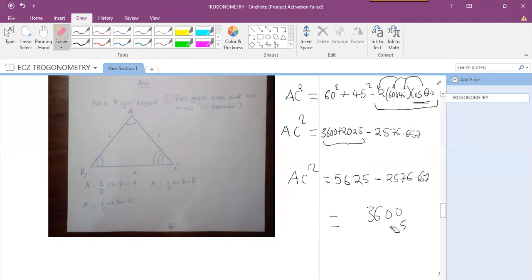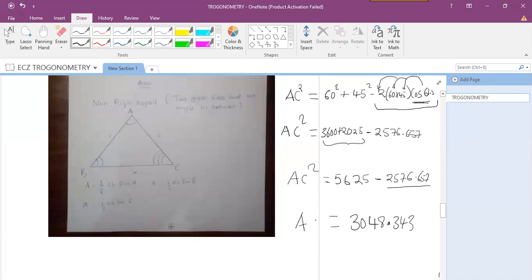Then subtract it with 2,576.657. Subtract it with this value here. It has to be something like this, 3,048.343. We'll leave it like that.